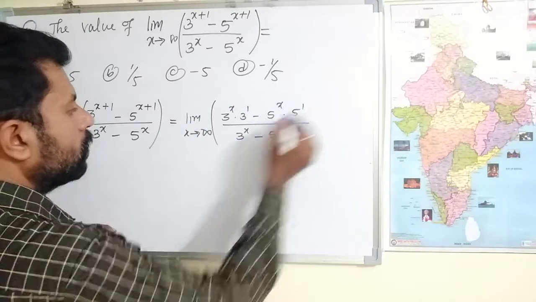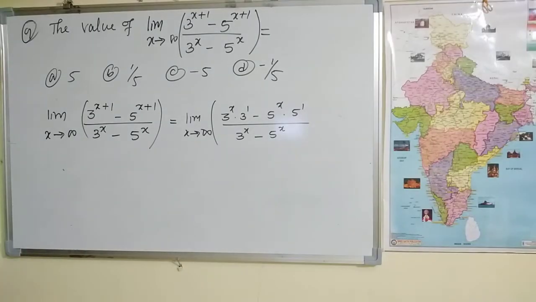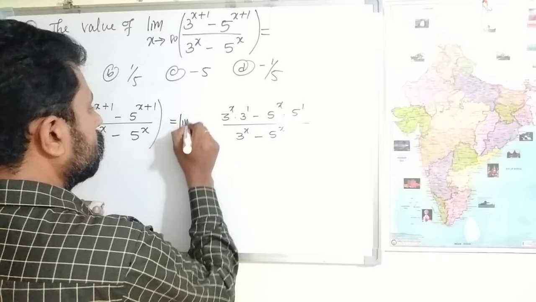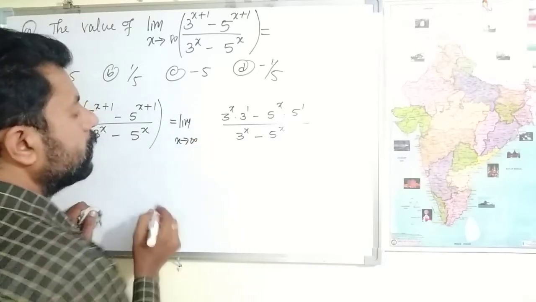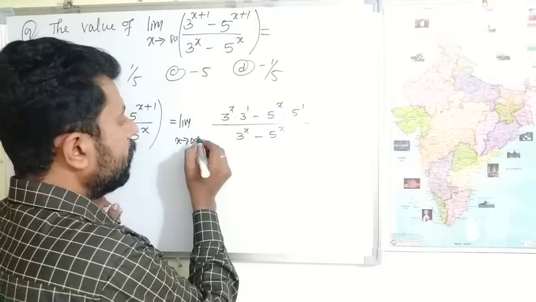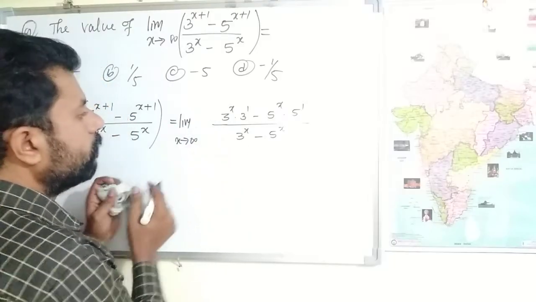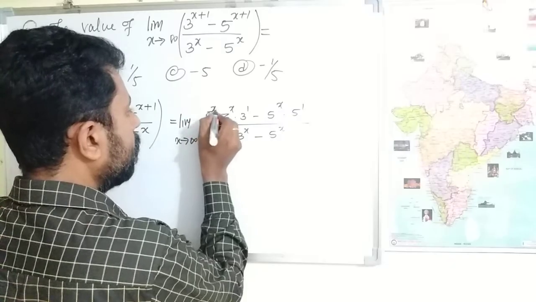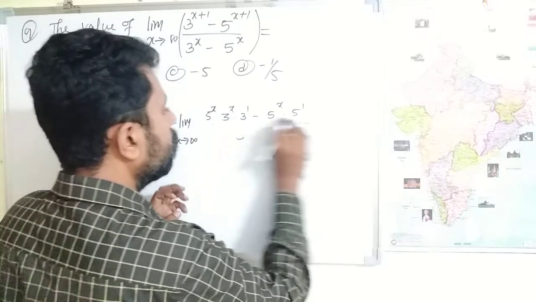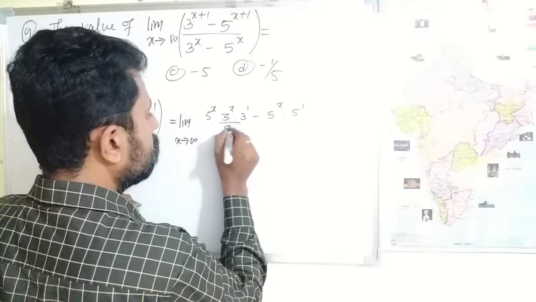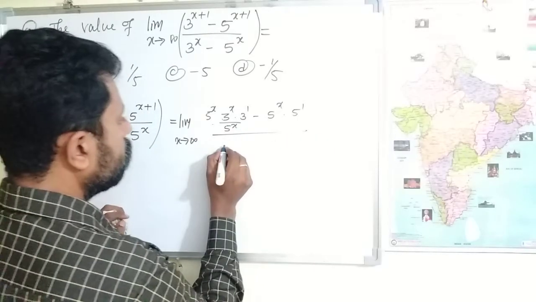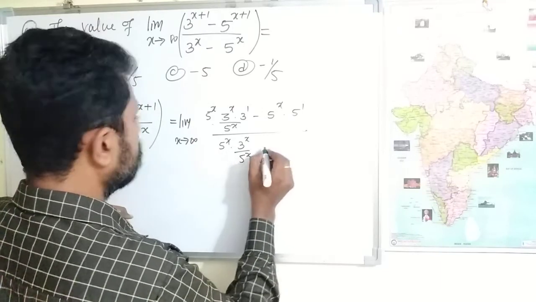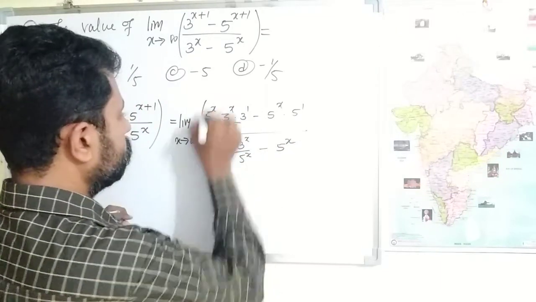In this result, I multiplied and divided by 5 to the power x in the first term, and the denominator also by 5 to the power x, into 3 to the power x divided by 5 to the power x minus 5 to the power x.